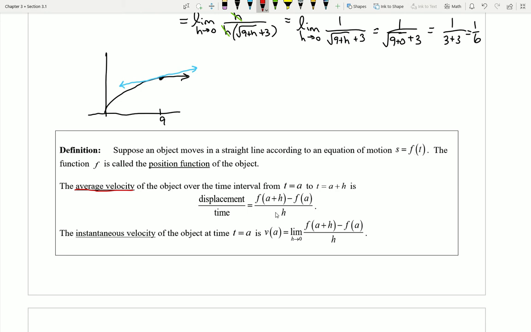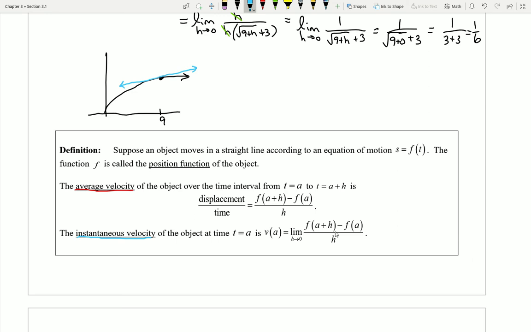We can also talk about what we call an instantaneous velocity. I'm color coding these very purposefully, because an instantaneous velocity is going to be the velocity of the object, or you could imagine the speed of your car at exactly a fixed moment in time. And that corresponds to the slope of a tangent line, which is why it's represented here with the limit definition that we saw up above.